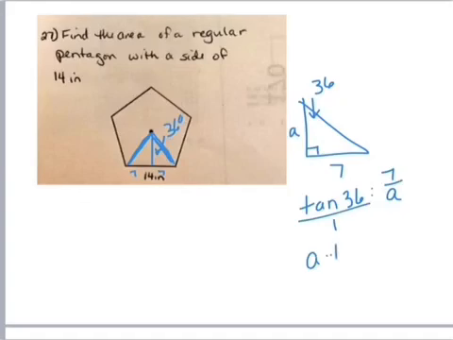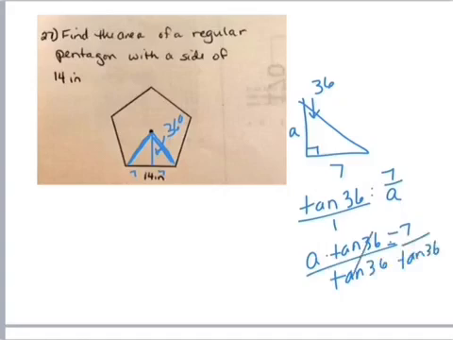So A times the tangent of 36 would equal 7. And we're going to divide by the tangent of 36. And when we do that, if I take 7 and divide by the tangent of 36, I get 9.6. So that's the length of my apothem.